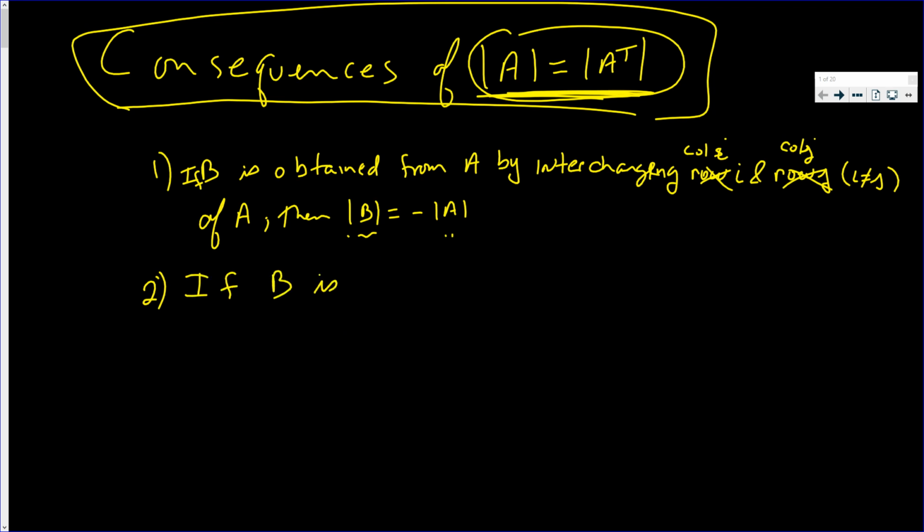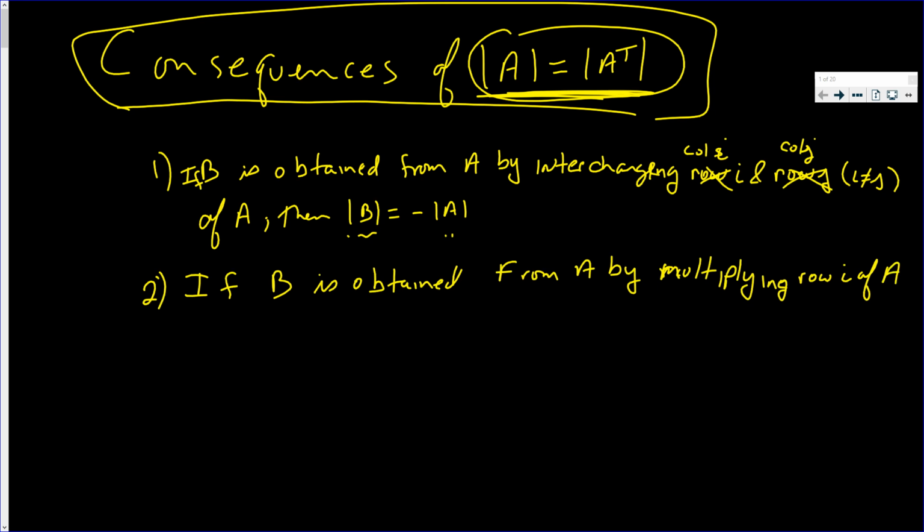If matrix B is obtained from matrix A by multiplying row I of A by S, then the determinant of B is S times the determinant of A. Now let's look at this more closely.